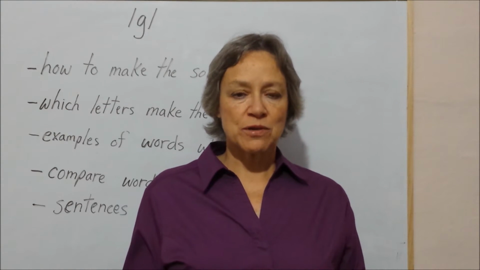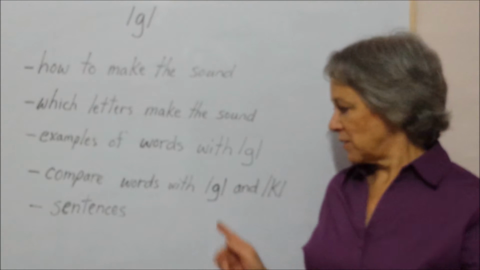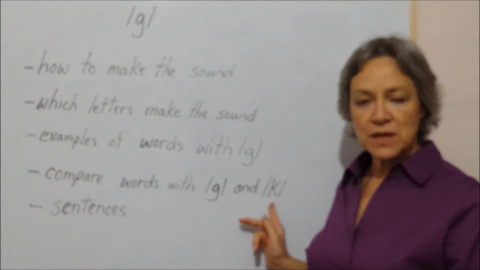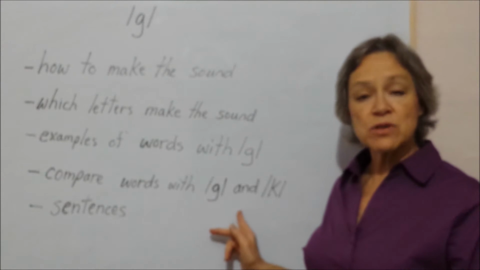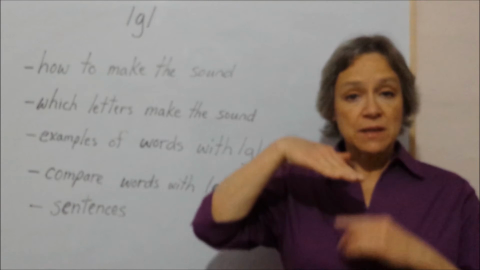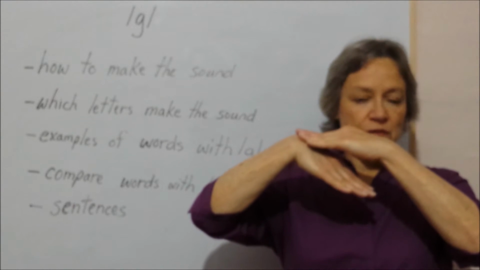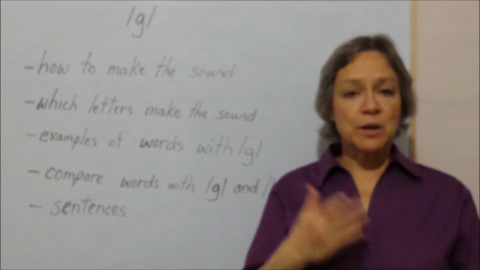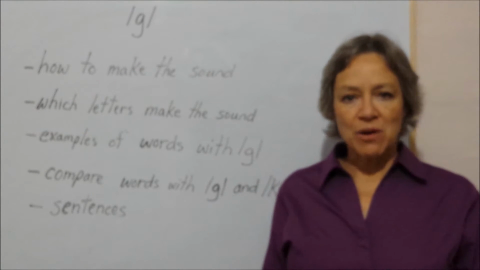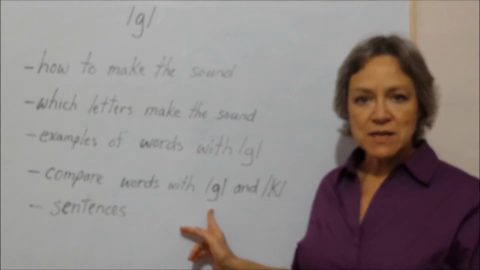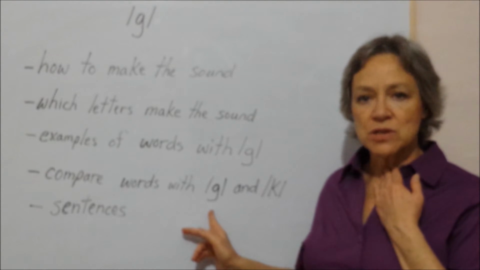Some people do confuse the G sound with the K sound. These two sounds are very similar because they are both made by raising the back of the tongue to touch the roof of the mouth, stopping the air and lowering, then releasing the air. They are made in the same way. However, the G, as I said, is a voiced sound, so it does use the vocal cords.